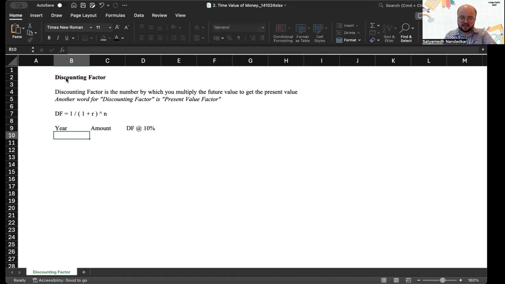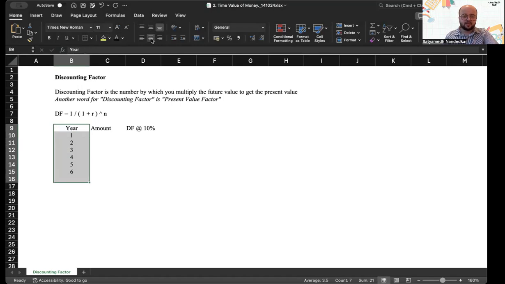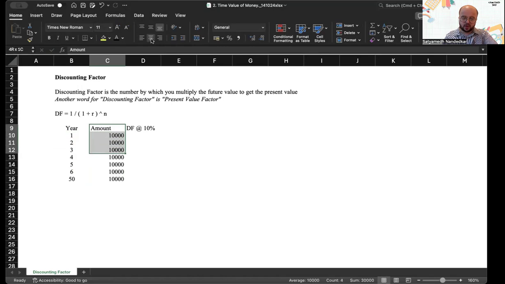So, money received at the end of year 1, at the end of year 2, 3, 4, 5, 6, so on and so forth. And maybe the last number I want to check this for is 50. I want to check what is the present value of a sum of 10,000 to be received at the end of the 50th year. I mention my future value in this column.